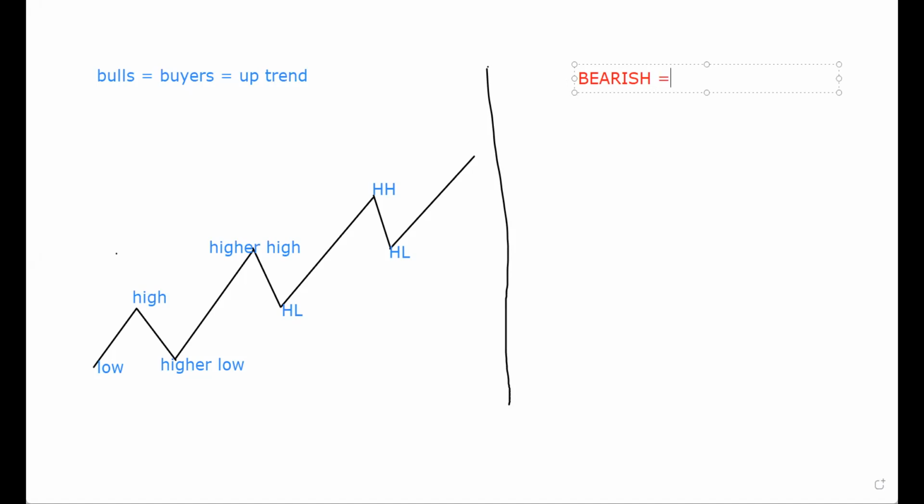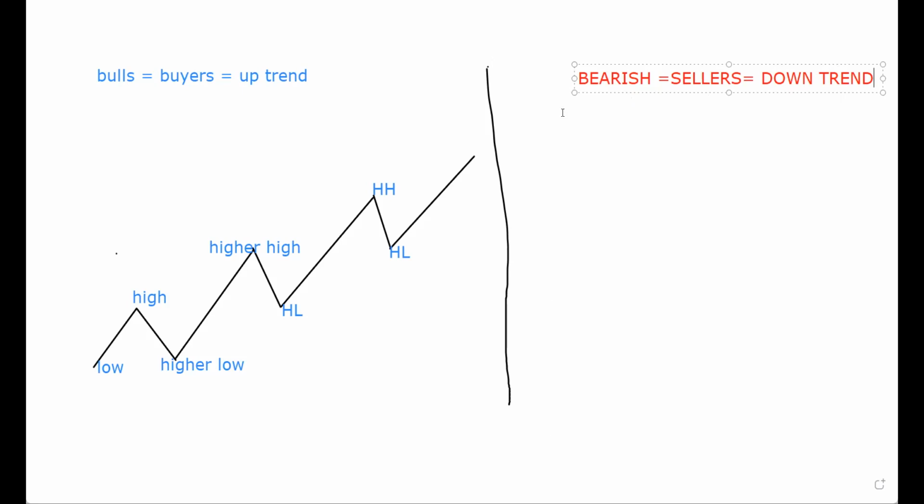Bearish market, which is for sellers. Okay, so relatively, it's still the same thing over here.